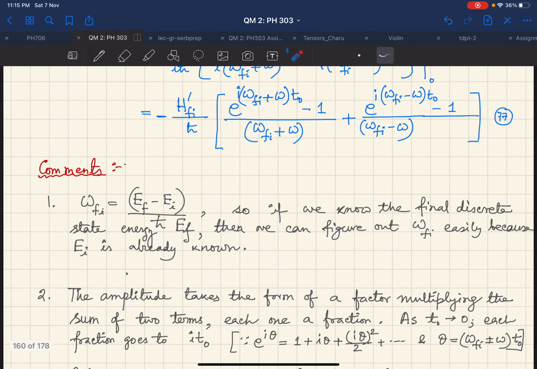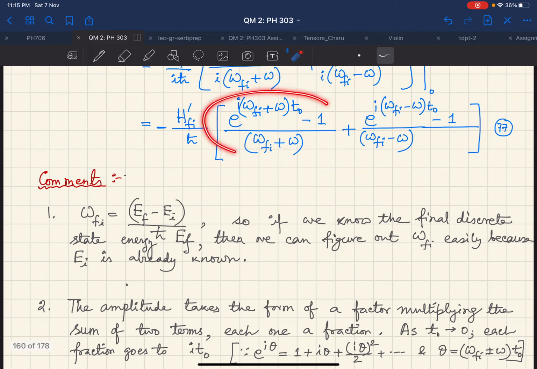Now as I said, these two terms cannot be relevant for us at the same point of time. For example, this term is not relevant when omega Fi is very close to omega.